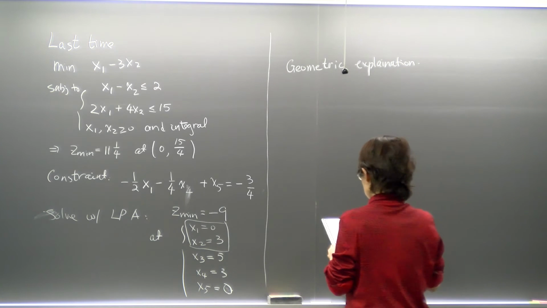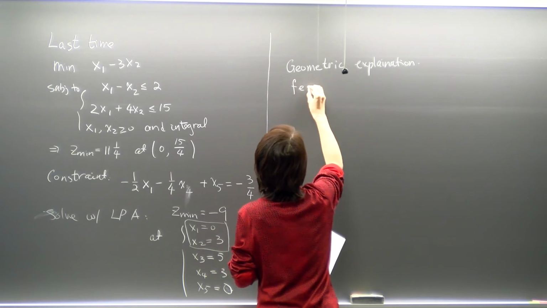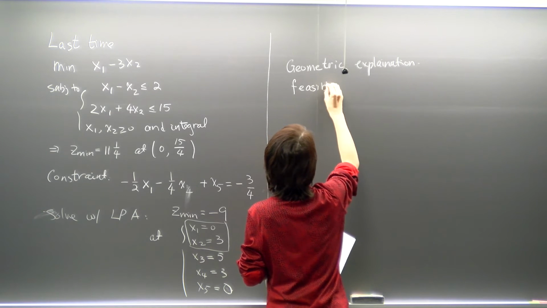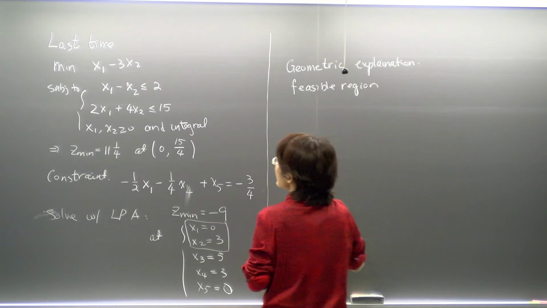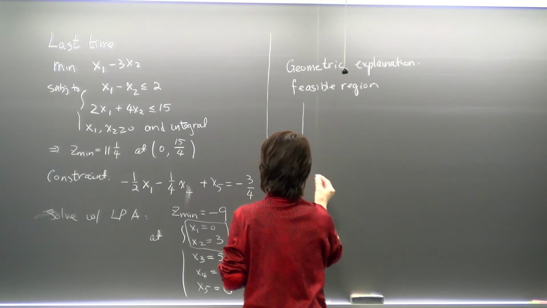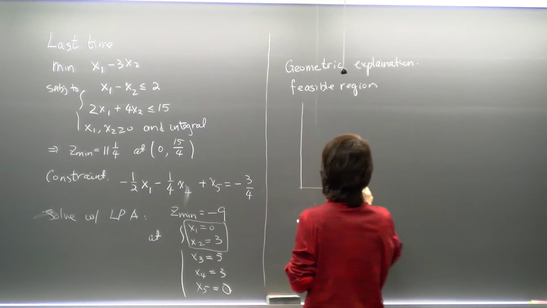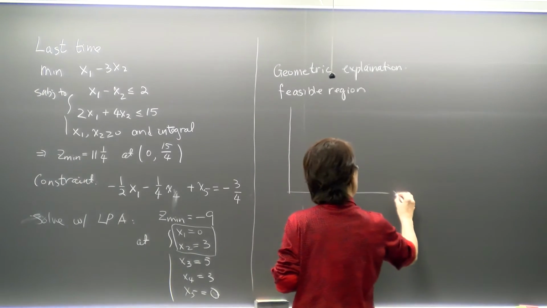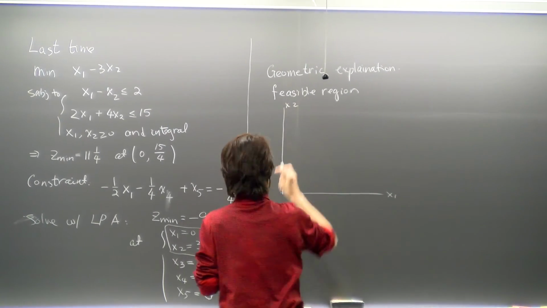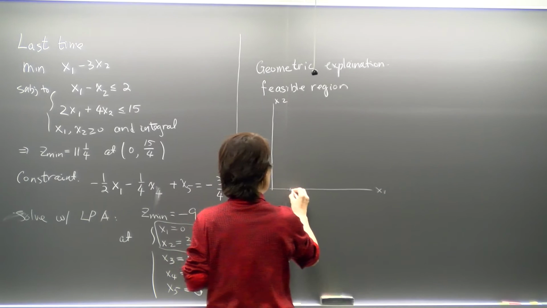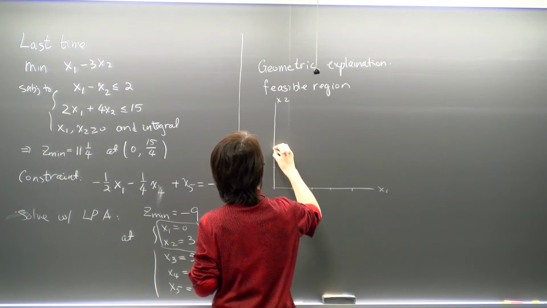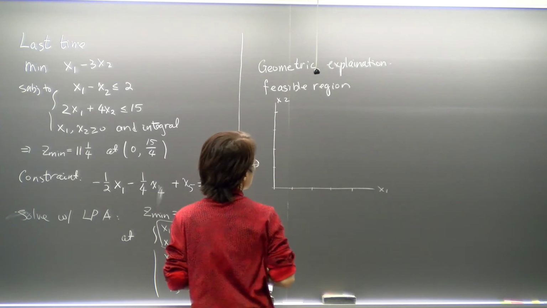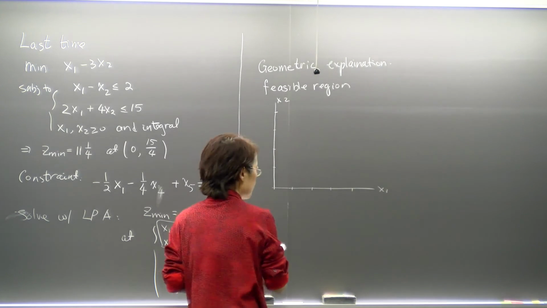So let's plot the feasible region. Okay, so the feasible region of the original problem, if I shall be able to plot x1, x2, this is a bit hard, so 1, 2, 3, 4, 1, 2, 3, 4. Those are my grid points.